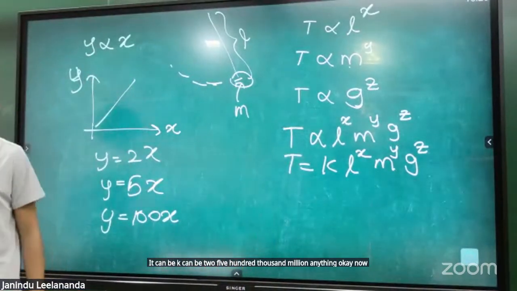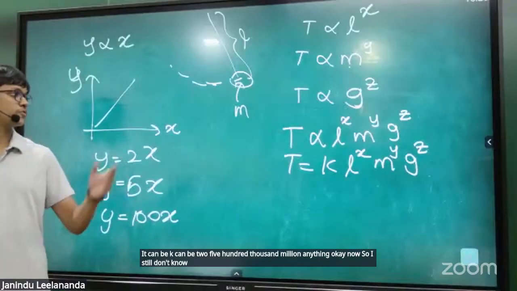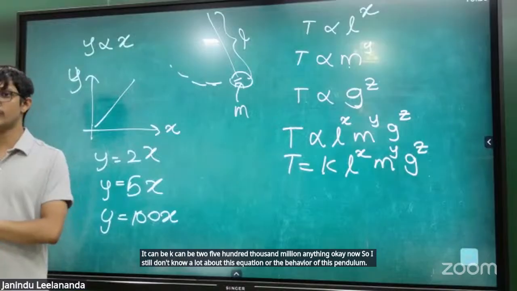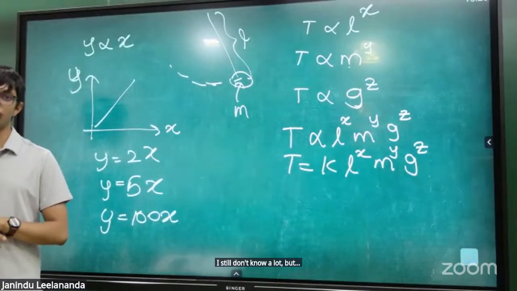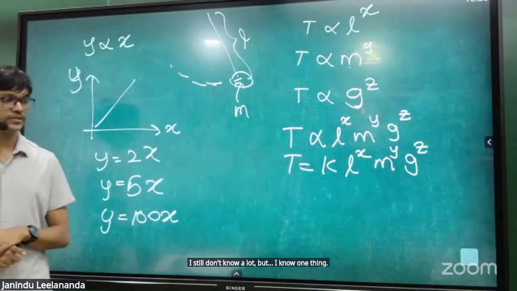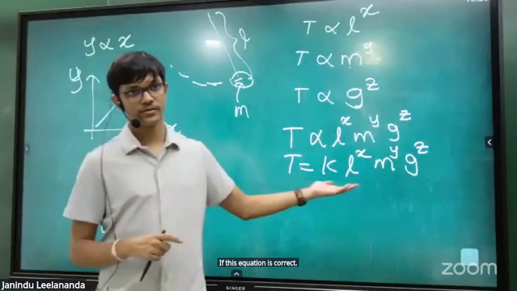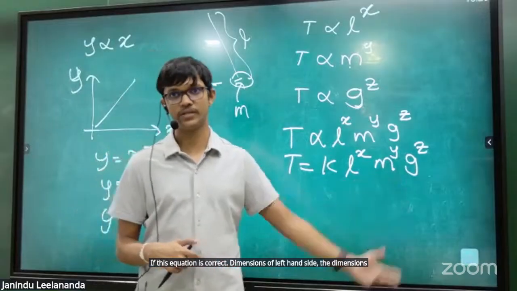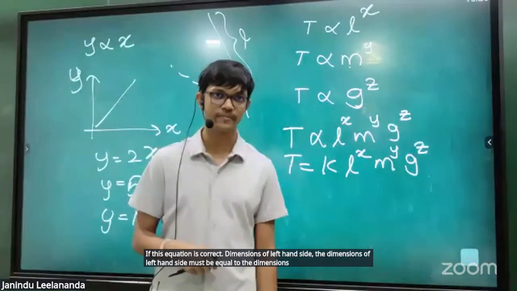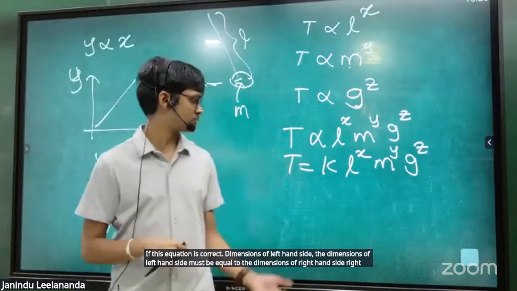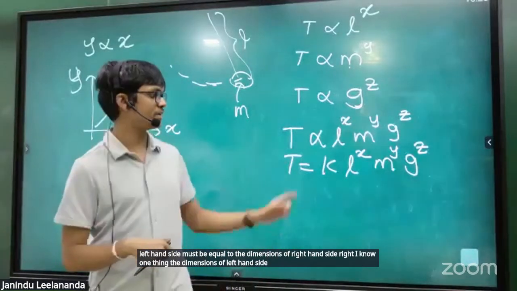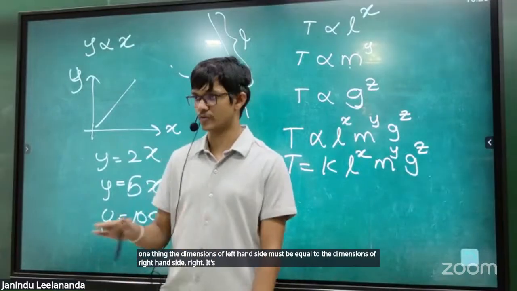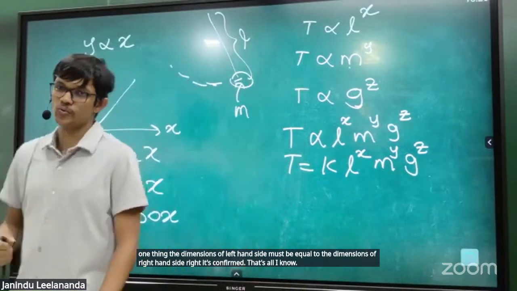So I still don't know a lot about this equation or the behavior of this pendulum. But I know one thing. If this equation is correct, the dimensions of the left hand side must be equal to the dimensions of the right hand side. It's confirmed. That's all I know. Clear? So I'll do what I know.